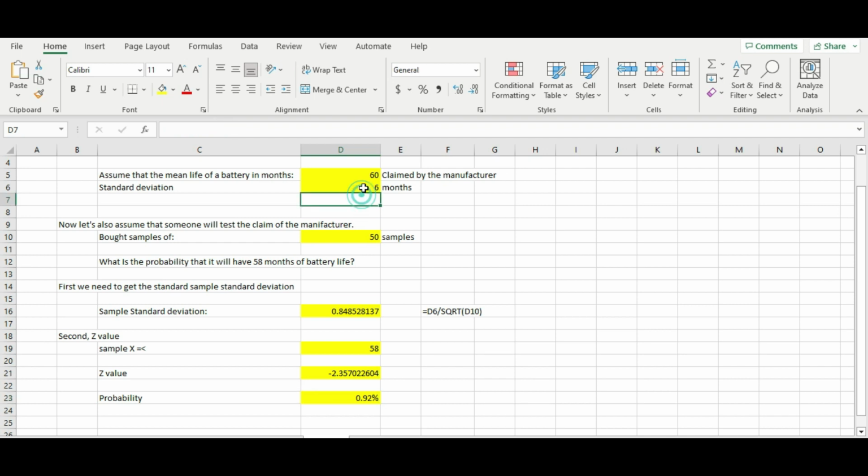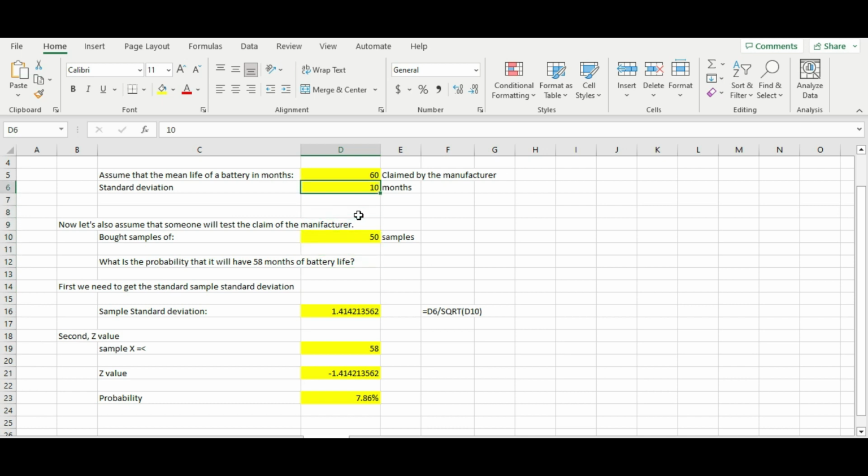probability. Now if we want to widen this distribution, we will have a higher probability because the standard deviation is larger. So that's how it works.